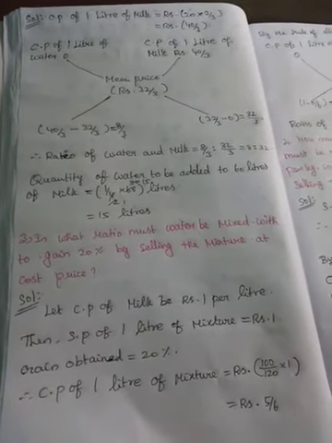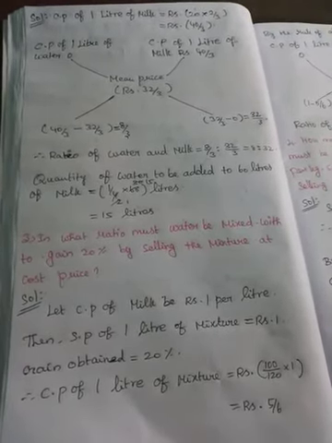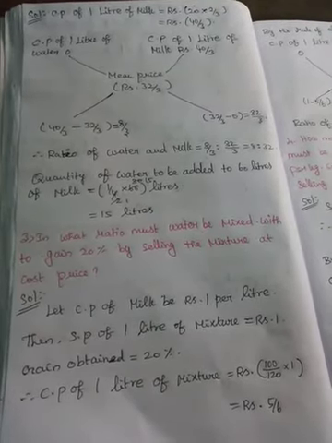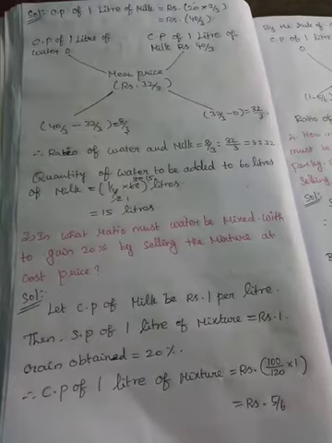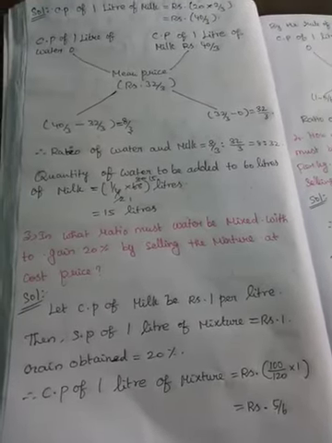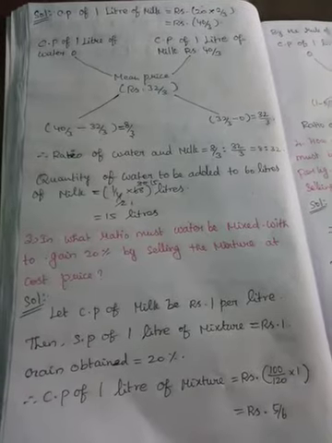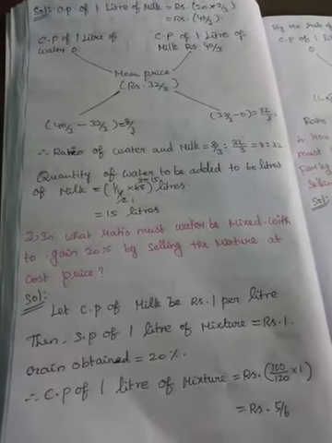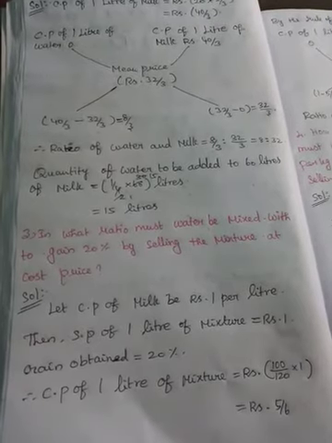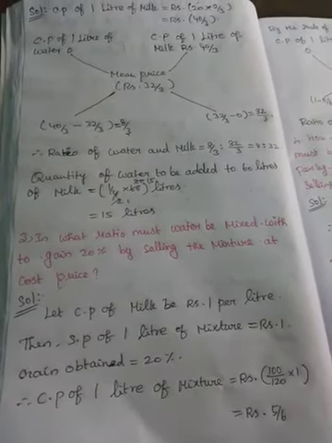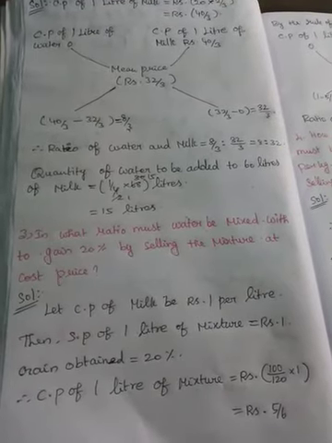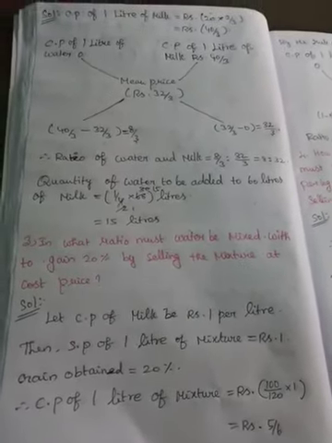Let CP of milk be rupees 1 per liter, then SP of 1 liter of mixture equals rupees 1, gain obtained equals 20%. So therefore CP of 1 liter of mixture equals 100 divided by 120 into 1, equal to rupees 5 by 6.